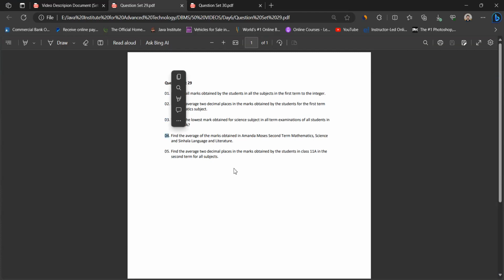Fourth question: find the average of the marks obtained by Amanda Moses in the second term maths, science and Sinhala language and literature.